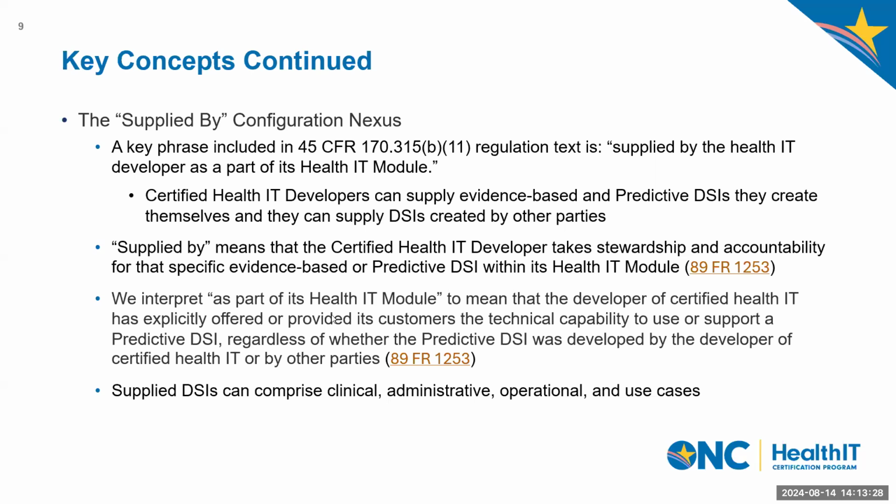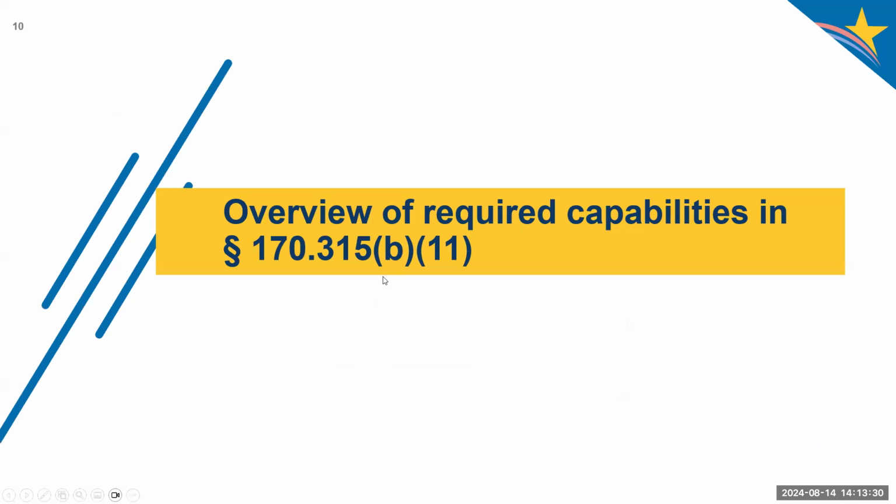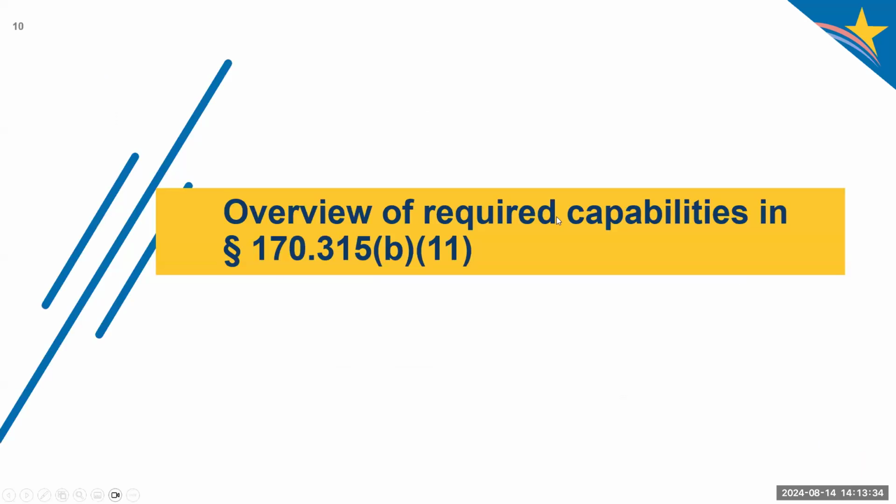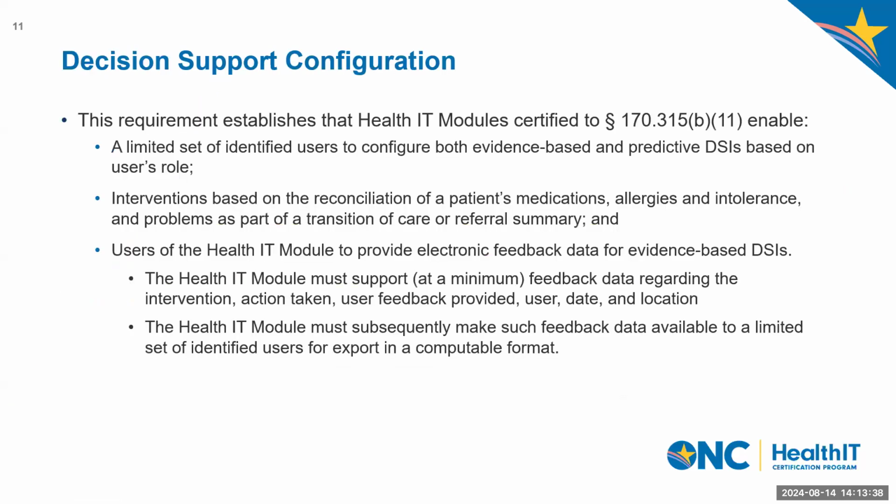Next slide, please. So here, next we're going to go over some of the required capabilities of B11. Next slide. Thank you. Decision support configuration. Health IT modules certified to B11 must enable the following.